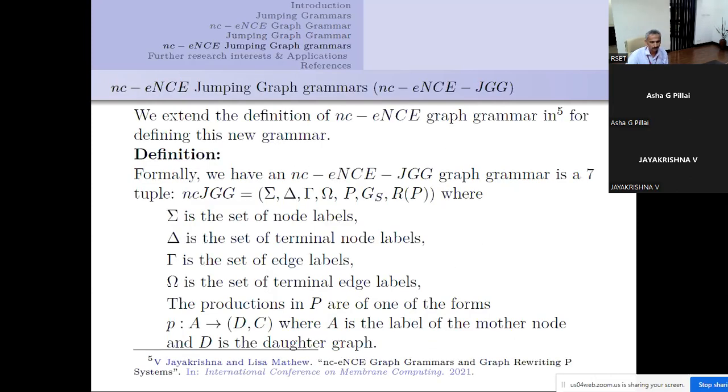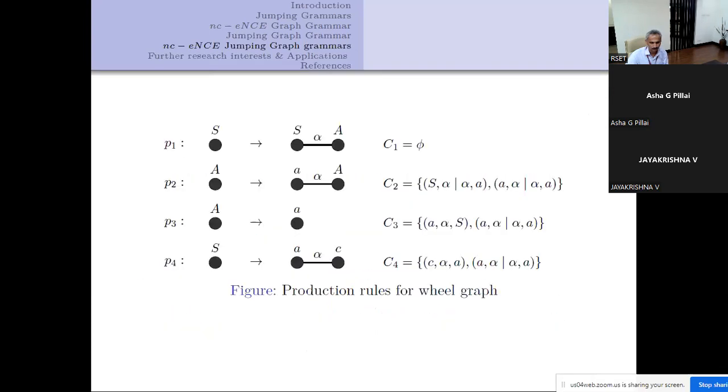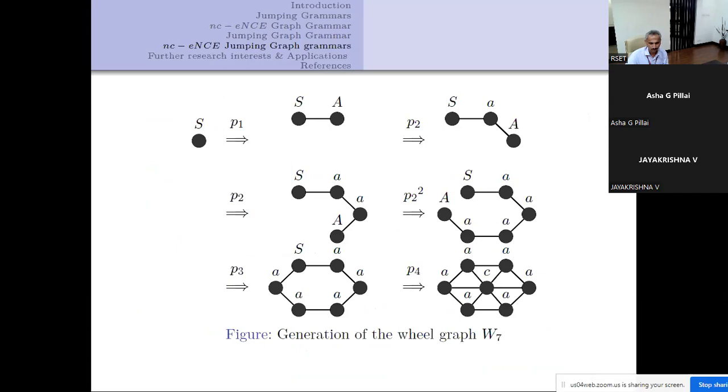We have another version of jumping graph grammars, the NC jumping graph grammars, wherein you apply restrictions on how to apply the production rules. This is another graph, a wheel graph, generated using our extended version, NC jumping graph grammars.